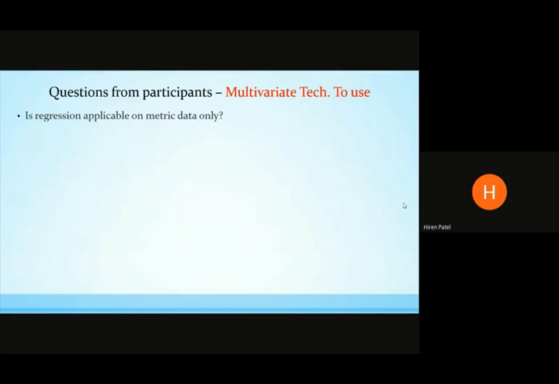So under this category, one of the participants has asked, is regression applicable on metric data only? We answer that regression may start with the metric data. However, at the later stage, you can have independent variable as non-metric data as well.